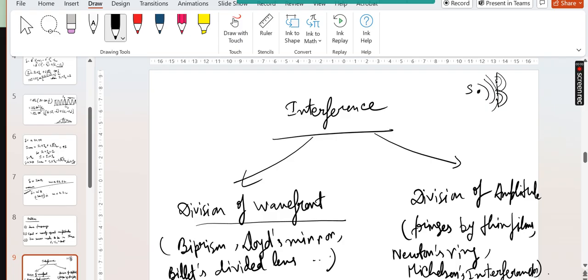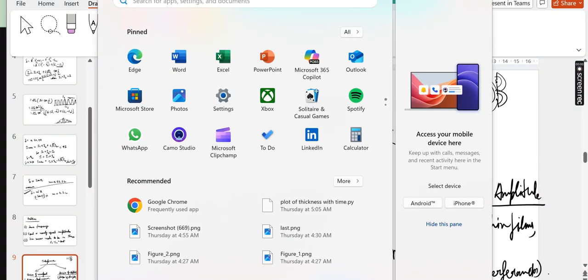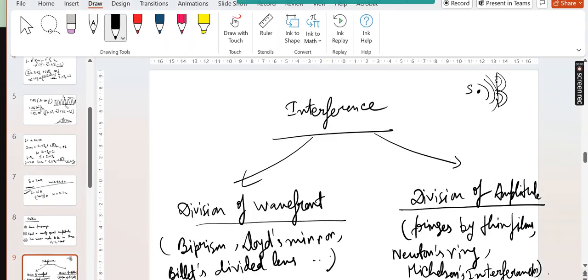So this is division of wavefront. And in division of amplitude, the incident light wave is divided into two or more parts by partial reflection and refraction. And division of wavefront can be done by reflection, refraction, diffraction, by putting slits and so on.